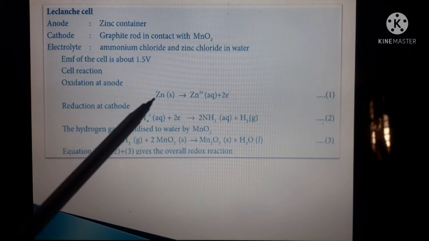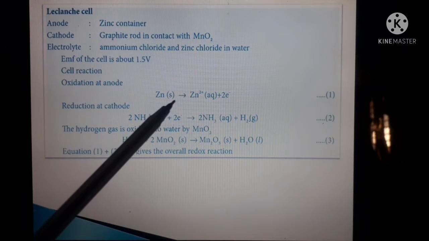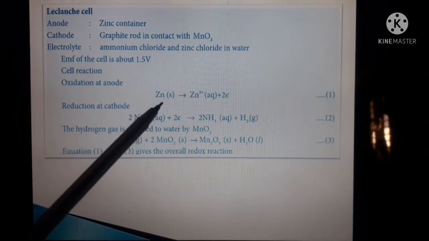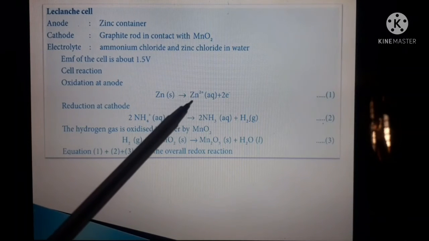Cell reaction: zinc is oxidized at the anode, it loses 2 electrons and changes to zinc 2 plus ion.